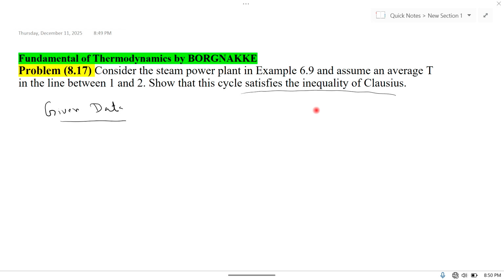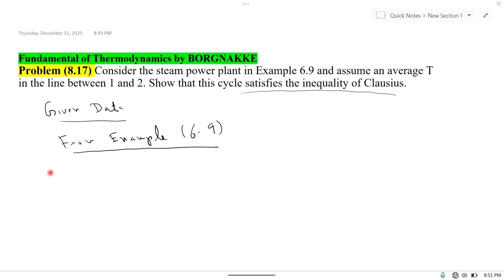So first we use the data from example 6.9. You can check this data in example 6.9 in this book.